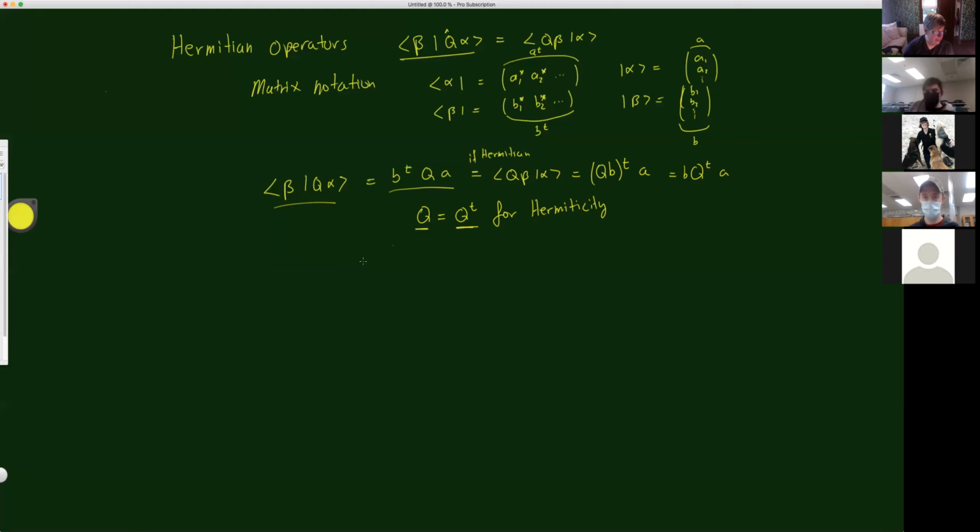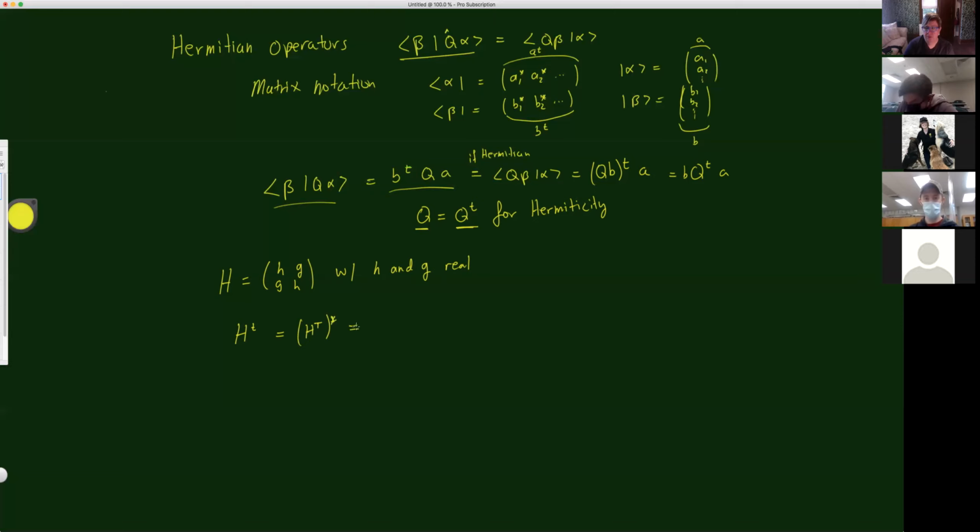So, for instance, remember the H that we were just dealing with in the previous lecture? We had this H, G, G, H with H and G real. Let's see if it's Hermitian. Well, what's H dagger? H dagger is the transpose of H star.